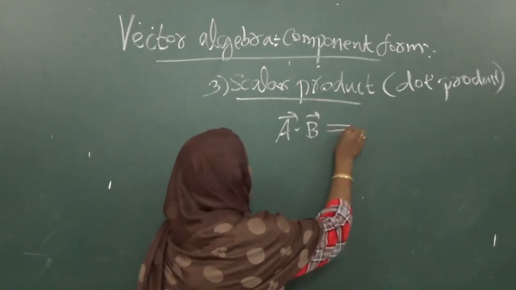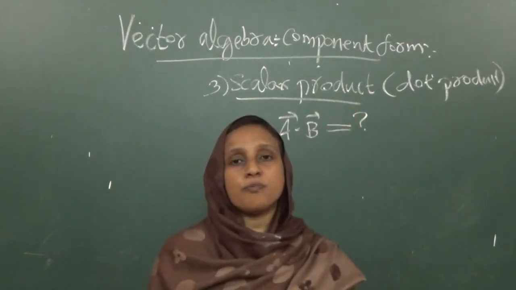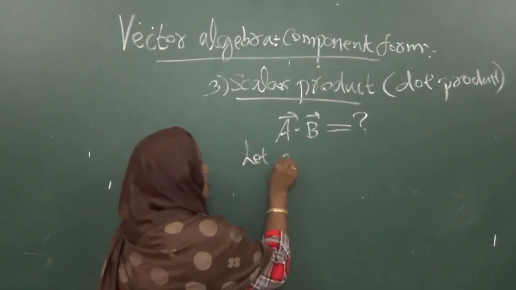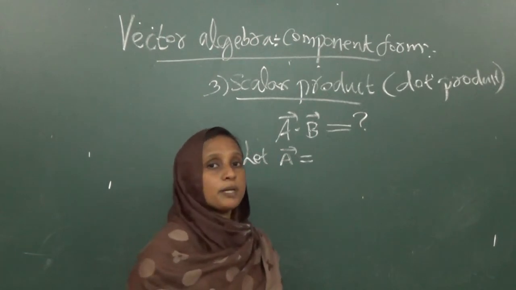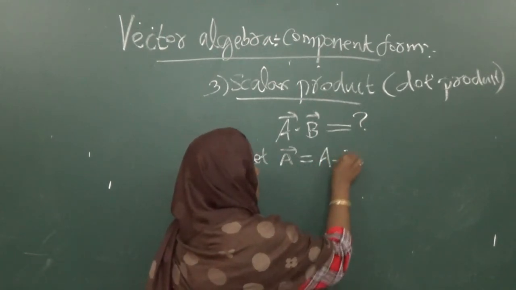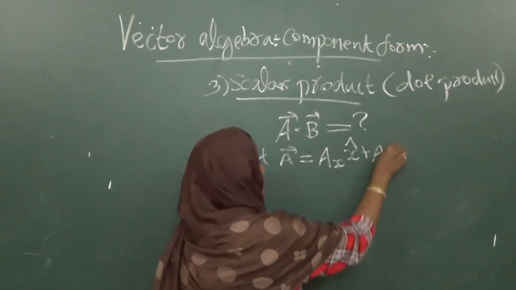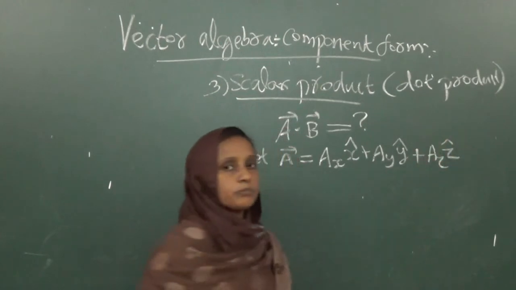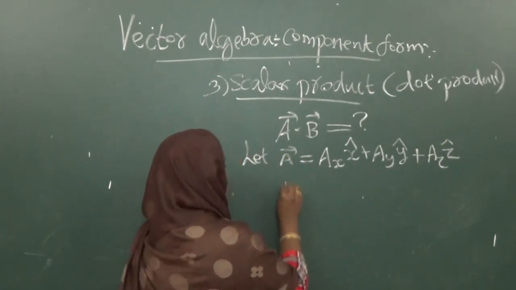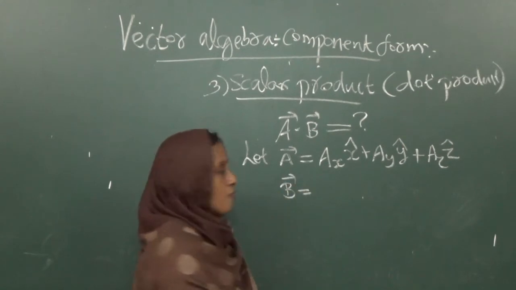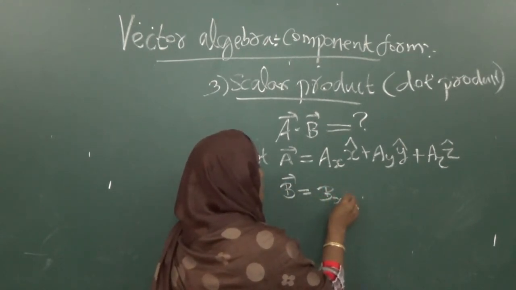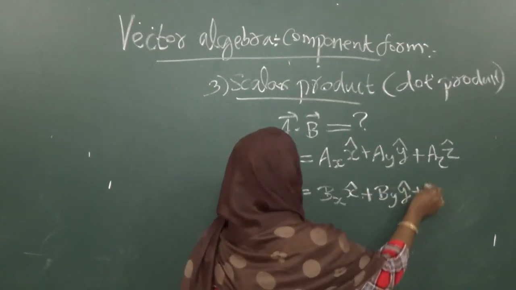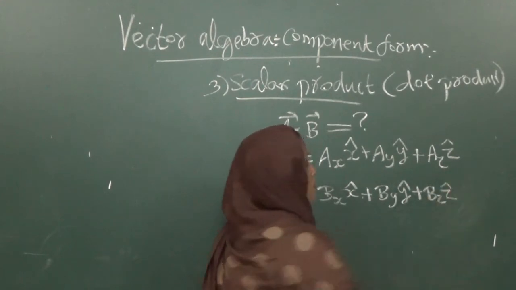Now we can write this in component form using the coordinate system. Let vector A in its component form be Ax x cap plus Ay y cap plus Az z cap. Then vector B equal to Bx x cap plus By y cap plus Bz z cap.